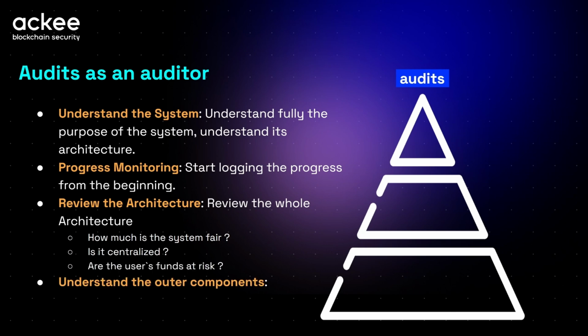And it is also important to understand the outer components. So again, apart from the smart contract, you need to understand, let's say, the external dependencies. I was talking about the Rust docs and how you should always check the Rust docs for the external functions.